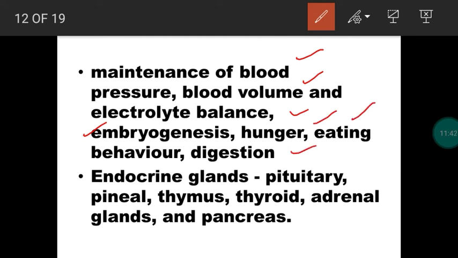So these are all normal functioning in living beings. So these will be induced by the hormones. And secretion of hormones, as we studied in lower classes, hormones will be secreted by endocrine glands: pituitary, pineal, thymus, thyroid, adrenal, and pancreas.